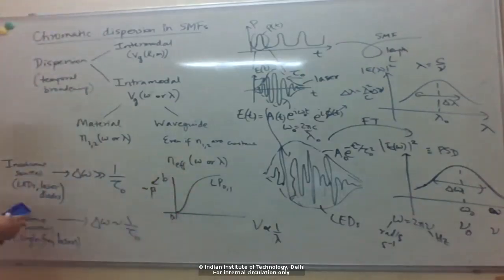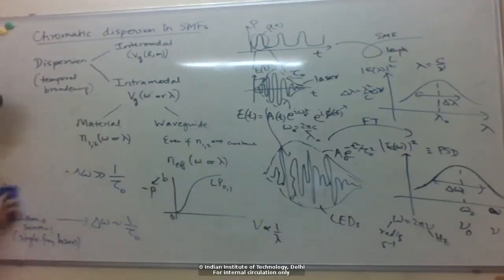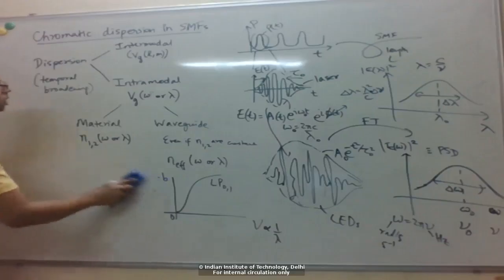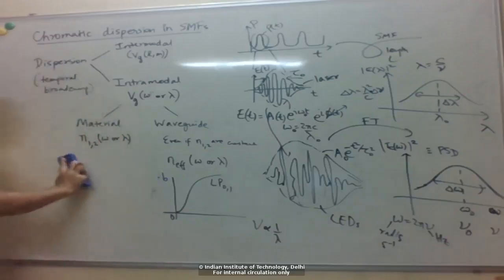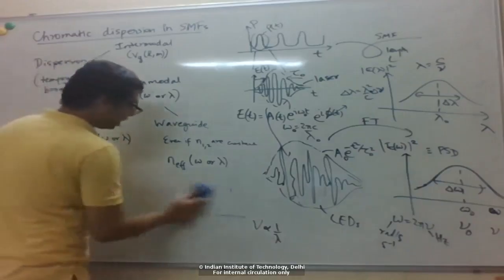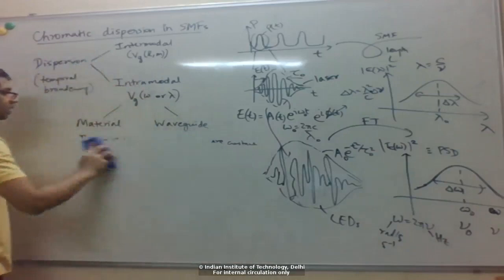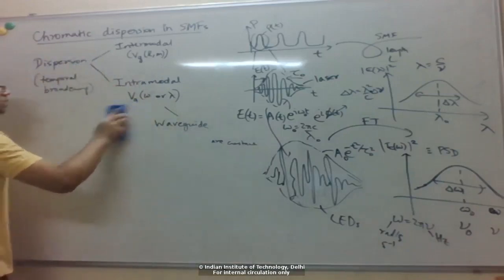Yeah. So how do we calculate the pulse broadening in this chromatic dispersion case? Right. So in the intermodal case, we just took different modes. We could even treat them in the ray picture, right?